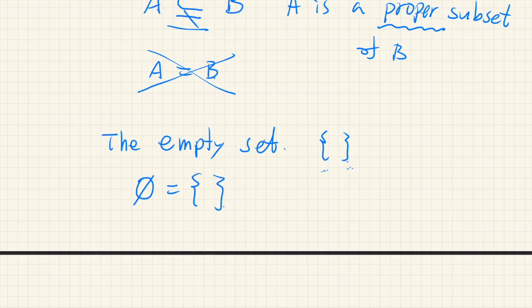So it contains nothing. And the empty set is unique because there's nothing. So it can be the empty set of integers, the empty set of real numbers, the empty set of elephants. They are all the same empty set.